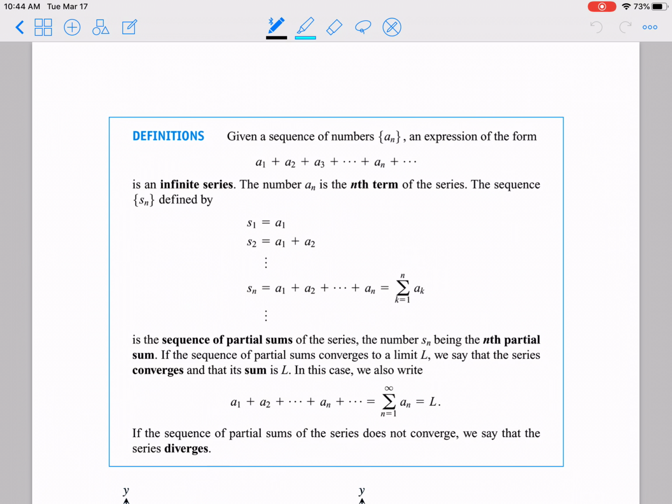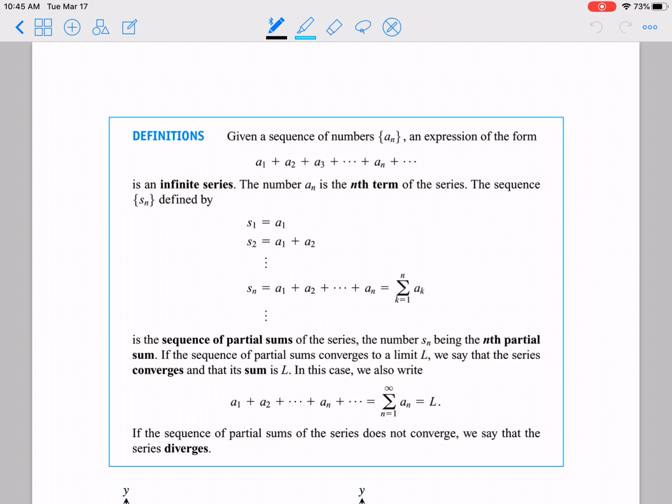Definitions. Given a sequence of numbers a sub n, an expression of the form a1 plus a2 plus a3 plus dot dot dot is an infinite series. The number a sub n is the nth term of the series. The set of Sn, defined by S1, S2, S3, all these sums here, is the sequence of partial sums of the series, Sn being the nth partial sum.